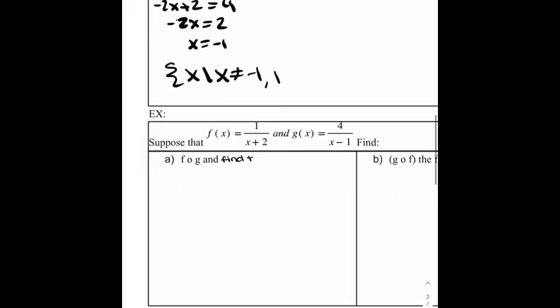Okay, so now they're asking us to actually find what f of g is, and then also find the domain. So f of g of x, we're going to plug in g of x into the x value in the f function. So 1 over 4 over x minus 1 plus 2. I don't want that fraction in the denominator, so I'm going to multiply the top and bottom by x minus 1.